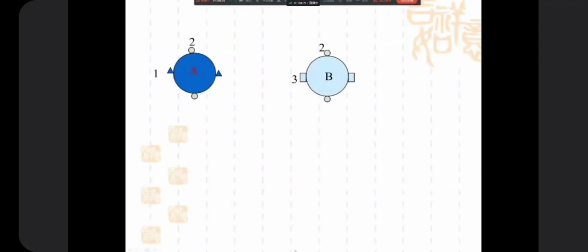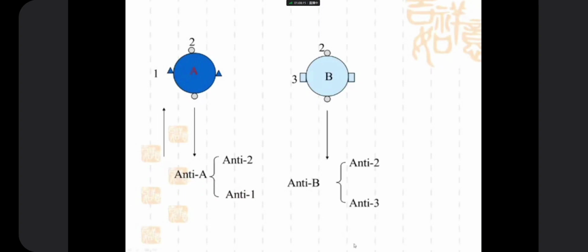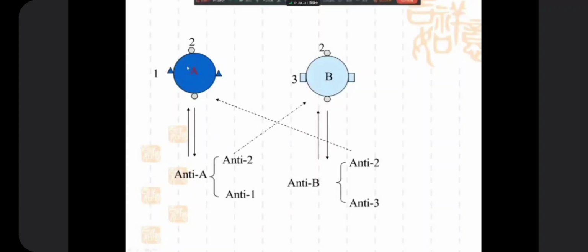Okay, let's see the figure. There are two antigens, antigen A and antigen B. We can see on the surface of the two antigens, they have the same epitope. This one, epitope two.